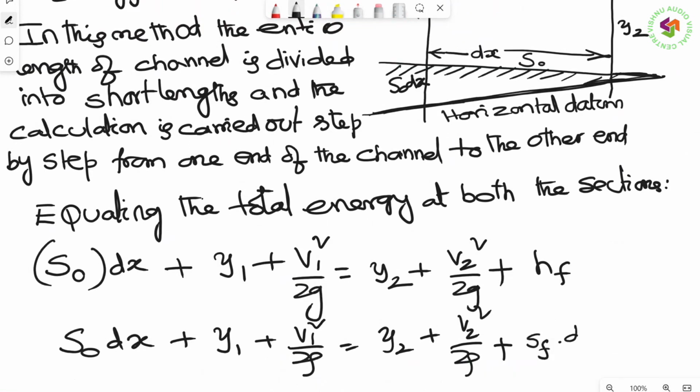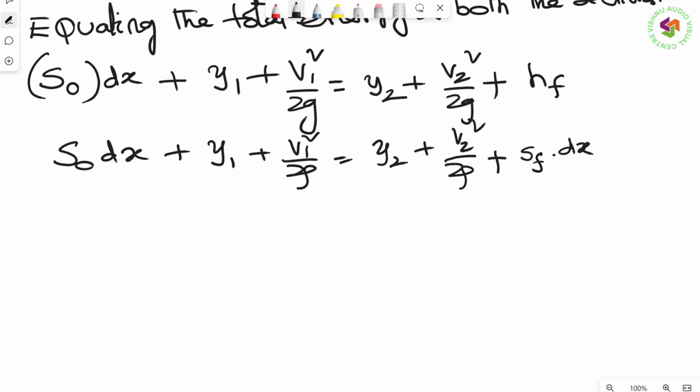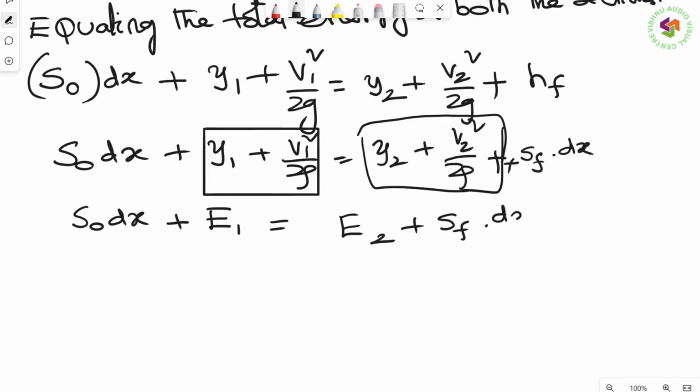S0 into dx plus, what is y1 plus v1 squared by 2g, already we have studied specific energy E1. Similarly, this part, E2, this is plus Sf into dx.